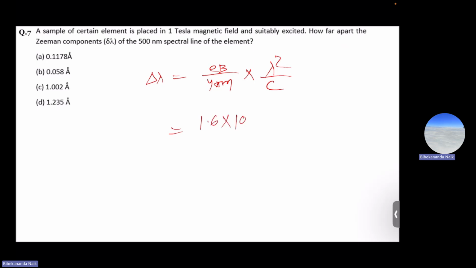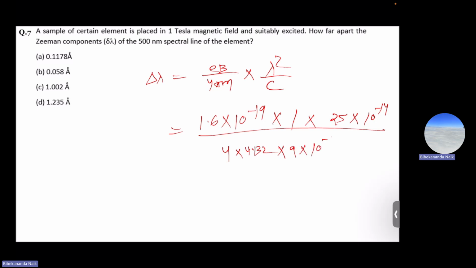1.6 into 10 to the power minus 19 into 1 Tesla into 25 into 10 to the power minus 14, divided by 4 into 1.132 into mass, which is 9 into 10 to the power minus 31, into C, which is 3 into 10 to the power 8.